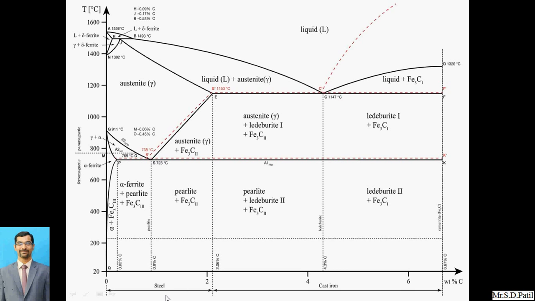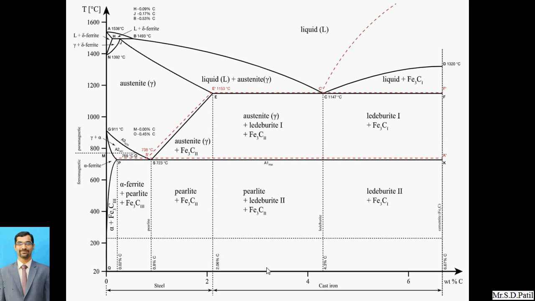Again, I want to repeat: wrought iron has almost 0 to 0.008%, then up to 2.1% it is steel, from 2.1 to 6.67% of carbon it is cast iron, and above 6.67% of carbon it is pig iron.